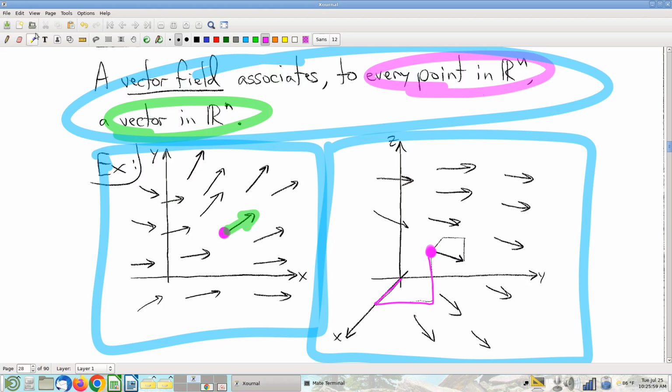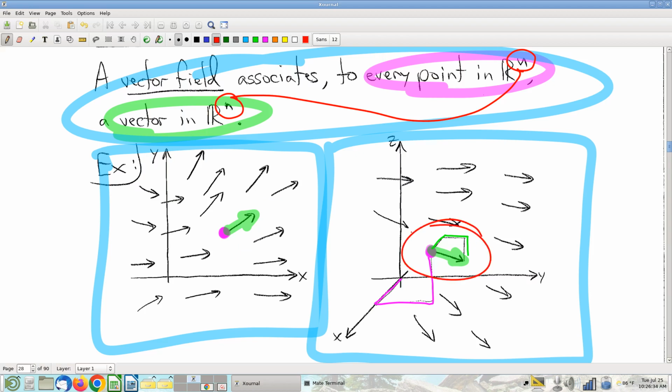To every point, we associate a vector, and I've drawn a vector arrow there. And again, you can see that's 3-dimensional because x, y, z. Everybody with me? Okay. Importantly, notice that the dimension of the vector you draw has to be the same, of course, as the dimension of the point that you're associating it to. So, 2-dimensional vector when you're in R2, 3-dimensional vector when you're in R3, of course.